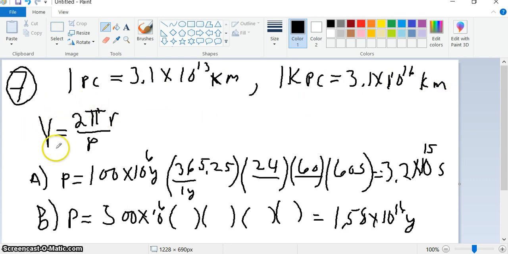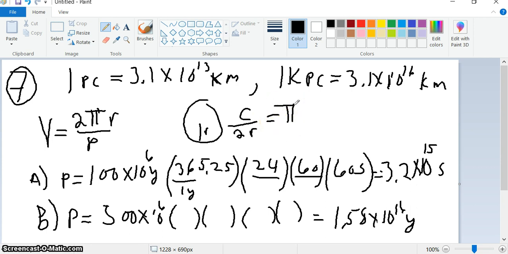Anyhow, this is the velocity of anything that's moving in a circle. Let's reason this out. The circumference of a circle is related to its radius. The circumference divided by twice the radius is this quantity we know as pi.